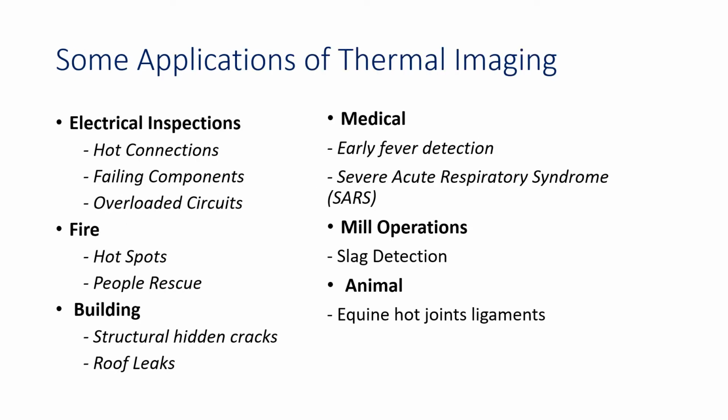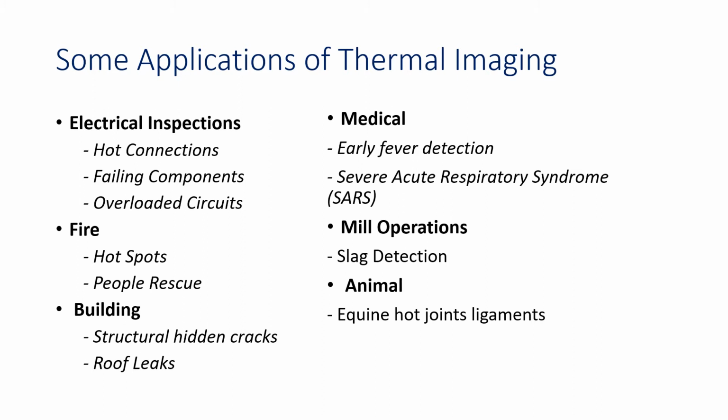What are the applications of thermal imaging? It can be used for electrical inspection to determine hot connections, failing components, and overloaded circuits. For fire, we can identify hot spots and rescue people. For buildings, structural hidden cracks can be identified, and even roof leaks.